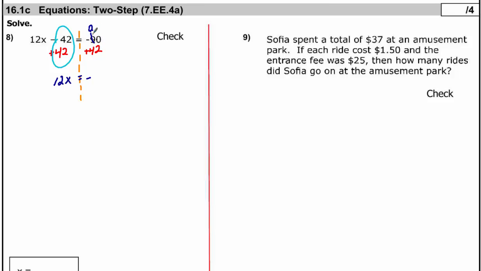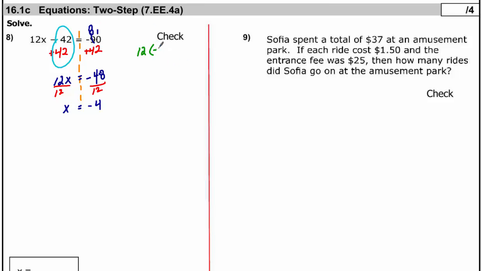So I could just put an 8, put a 1, 10 minus 2, 8 minus 4. Next step, divide by the coefficient. And I have x is equal to negative 4. Let's see if that works.